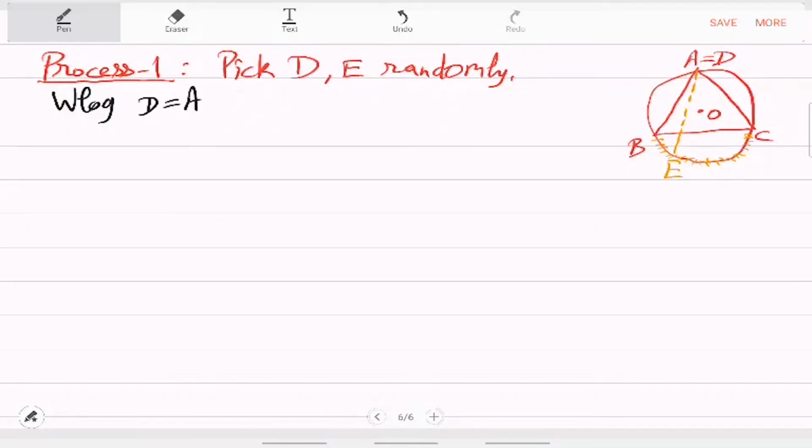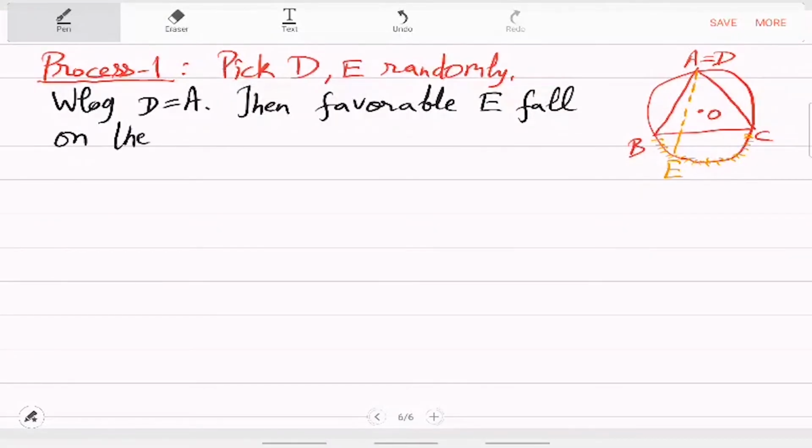So, without loss of generality, D we can take to be A. Then favorable E fall on the BC arc.